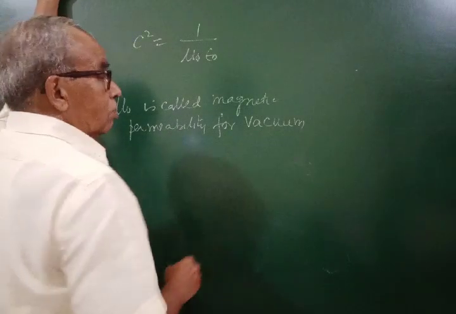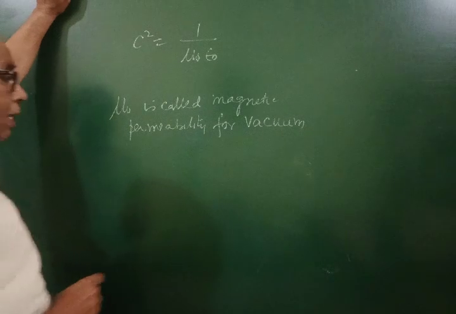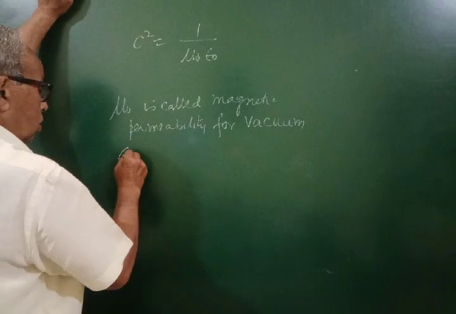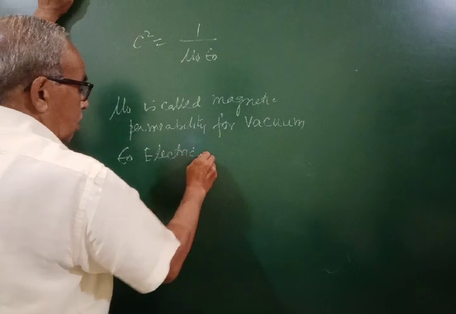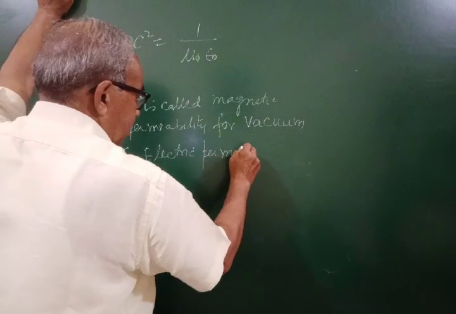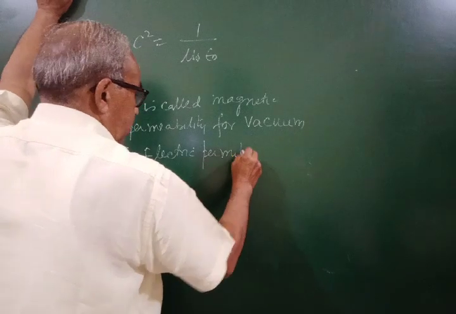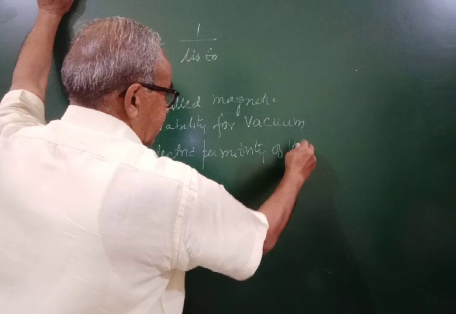They write W. Epsilon 0 is electrical permittivity of vacuum.